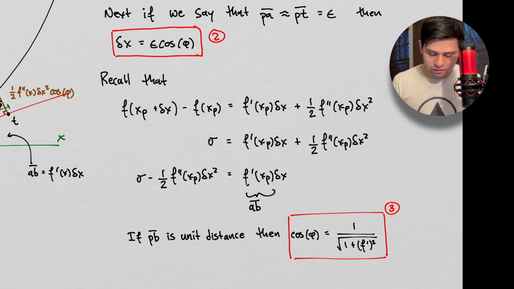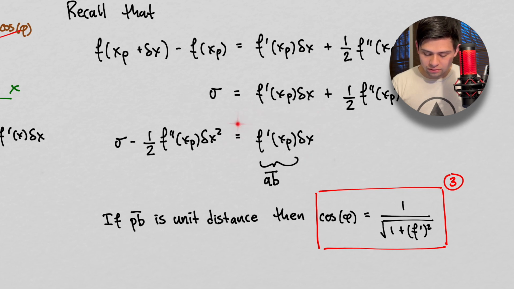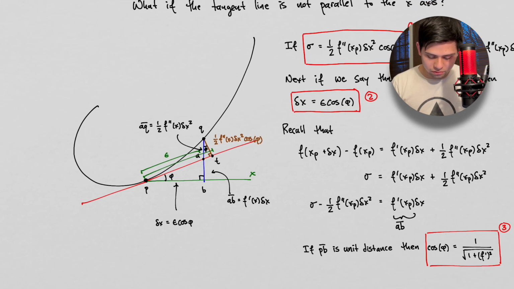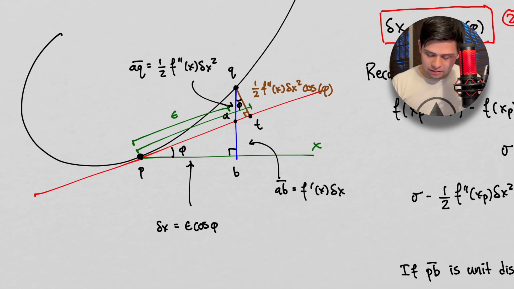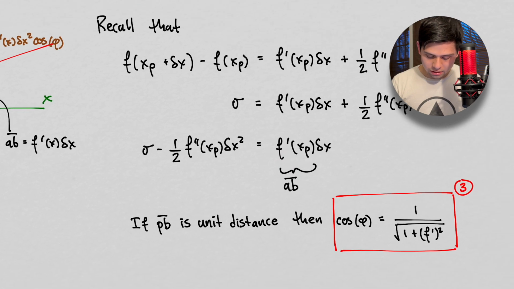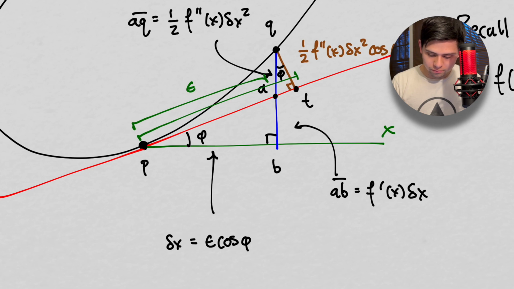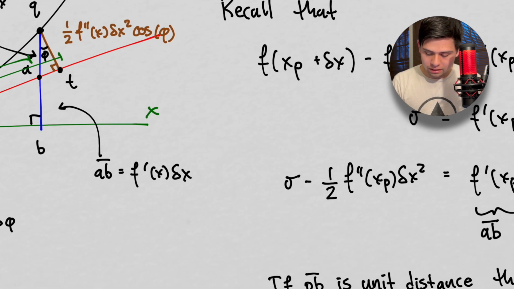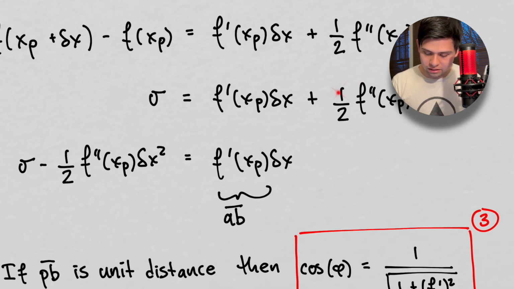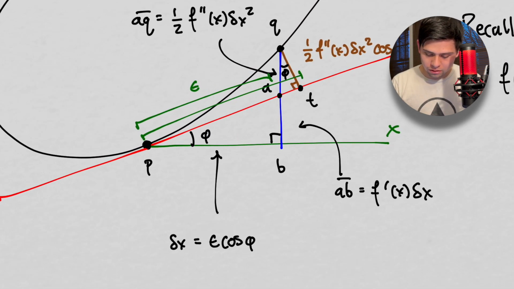We said that this was equal to sigma, but now instead of making this 0, this is the distance from A to B, because this plus this is going to give us the sigma value, which is the entire thing, right?